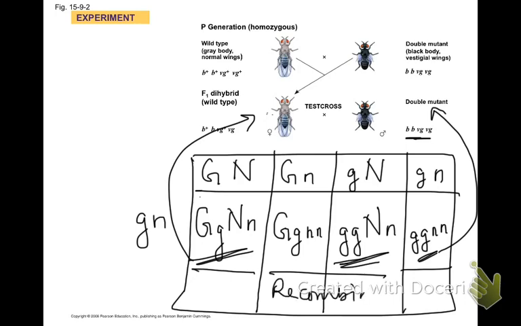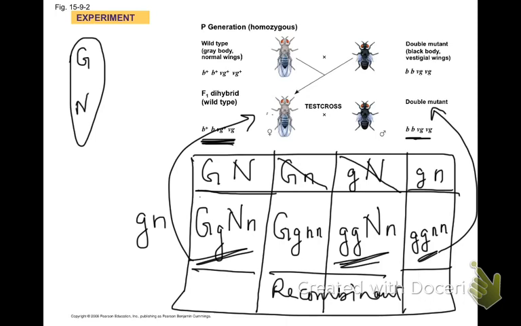Now, the important question to ask in this: are these 2 qualities or characters present in the same chromosome? If they were present in the same chromosome, I would not be having this combination or this combination. I will have only this possibility and this possibility, meaning this particular creature will be capital G, capital N, small g, small n.